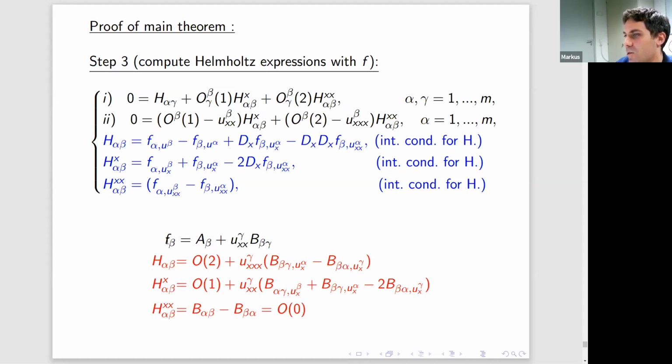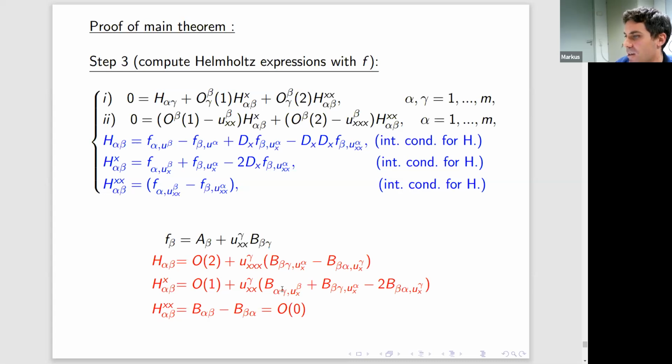And we can now plug it into the Helmholtz expression again in all three of them and compute them again with this new information here. And then we will find out that they look like this. So this is not of fourth order anymore, it's of third order, but with these specific coefficients. And then there are some unimportant second order terms. And this has some unimportant first order and this specific second order and so on.